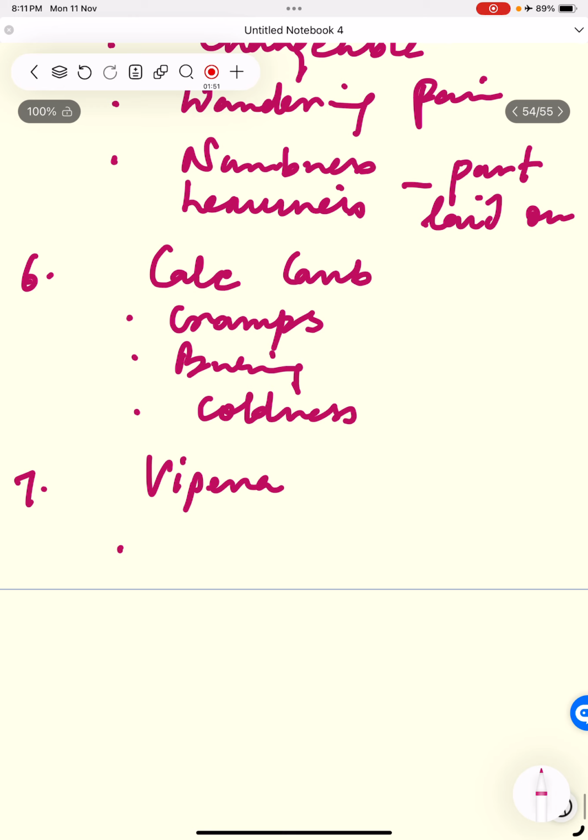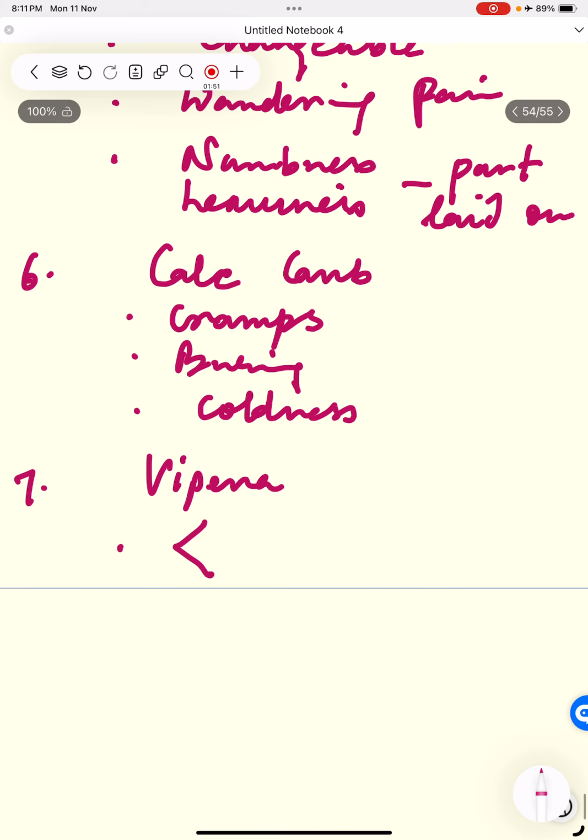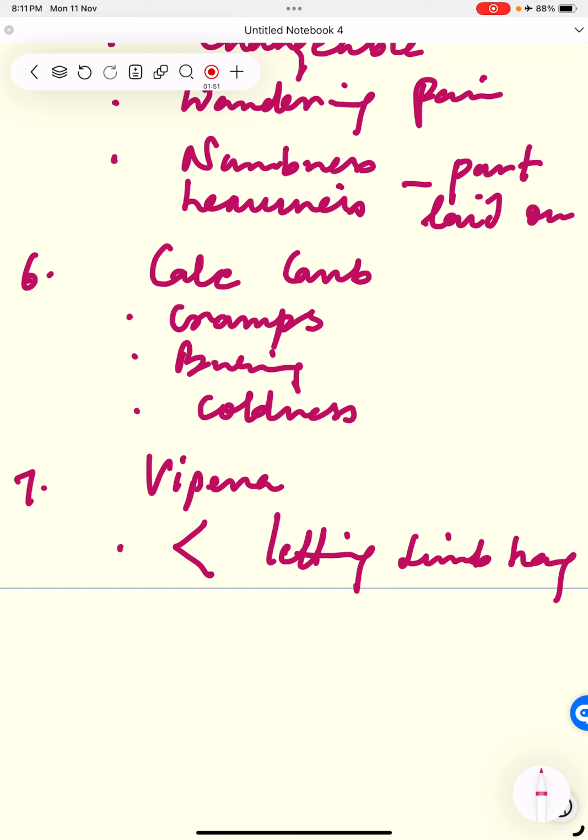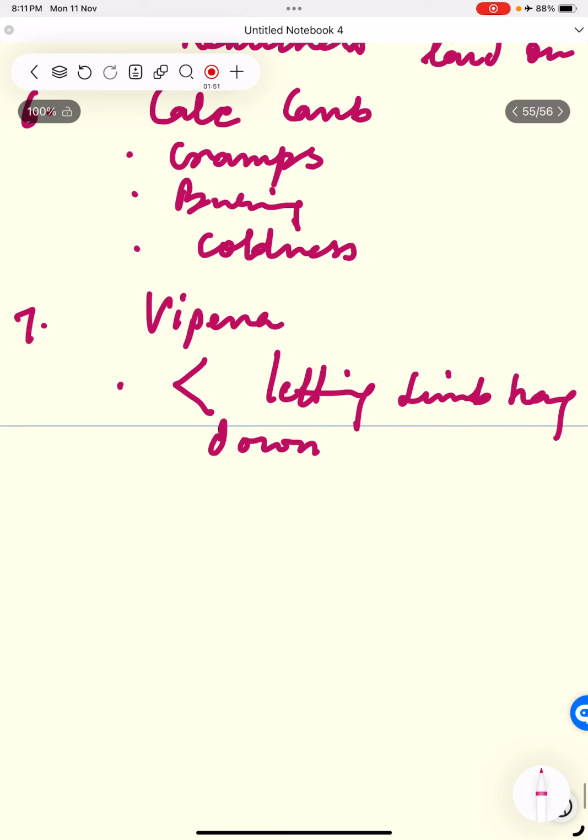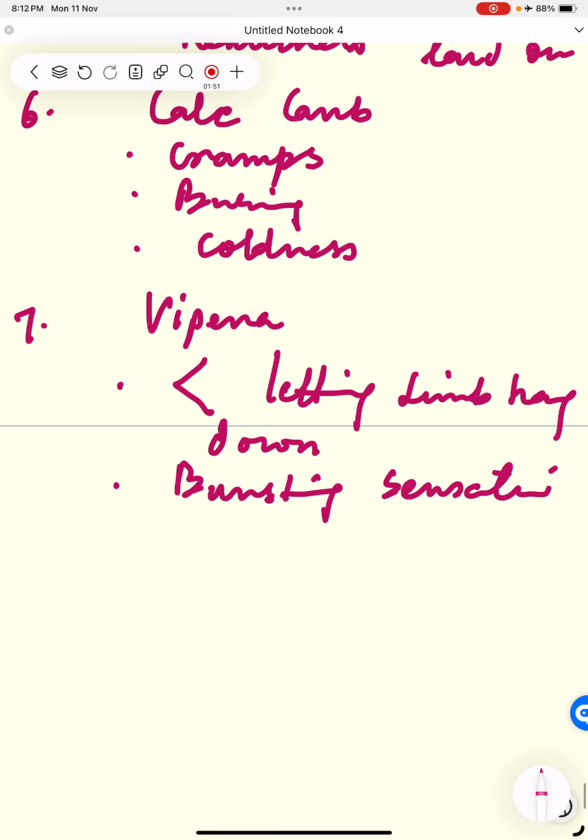In this case, the classical presentation is that the patient will almost always be worsened or in a very difficult position whenever they let their limb hang down. So the patient will have a habit of raising and keeping their legs raised. Patient will tell you that they have a bursting sensation, as if their limbs will burst open because of the congestion. So Vipera can be given.